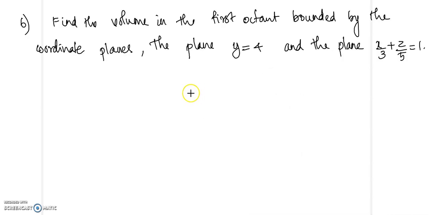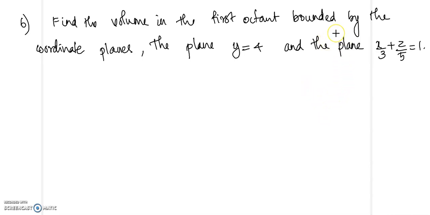The next problem is to find the volume in the first octant bounded by the coordinate planes, the plane y equal to 4 and the plane x by 3 plus z by 5 equal to 1. So let us look at what region you obtain in the xy plane.